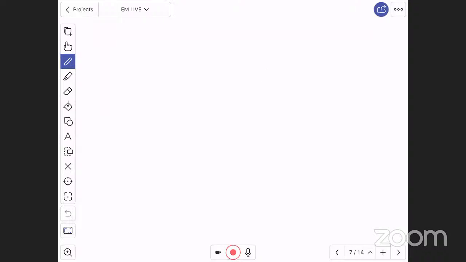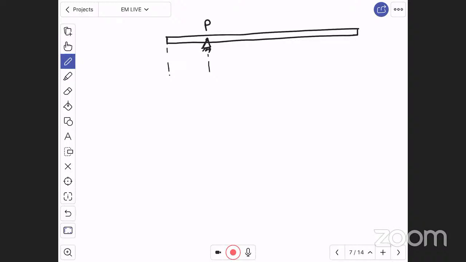Let us say there is a rod of total 8 meter length, and somewhere it is hinged at point P, which is at distance 1 meter from one end. And from the other end, the point P is at distance 7 meter.